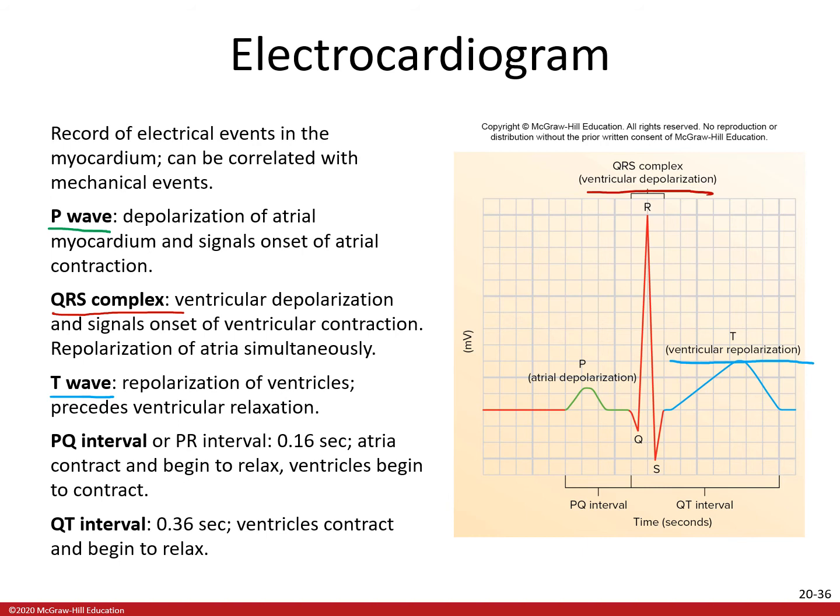There are a couple other terms I want you to recognize here too. The first is the PQ interval, or PR interval. It is going to be 0.16 seconds. The atria are going to contract and then begin to relax. And then the ventricles are going to begin to contract, and the QT interval is going to be 0.36 seconds, and that's where the ventricles contract and then begin to relax.